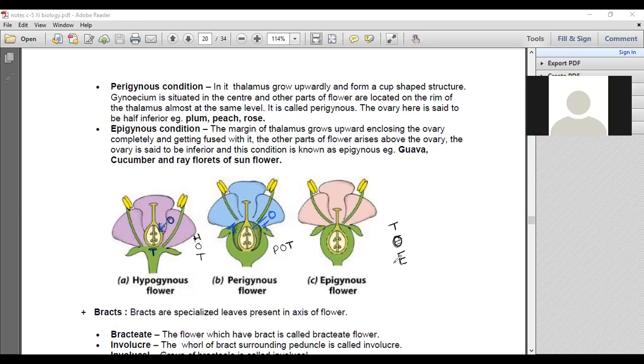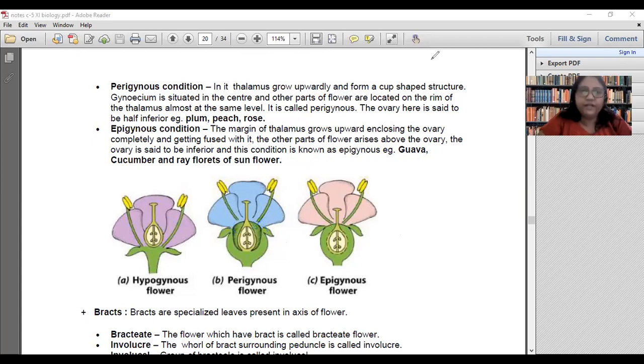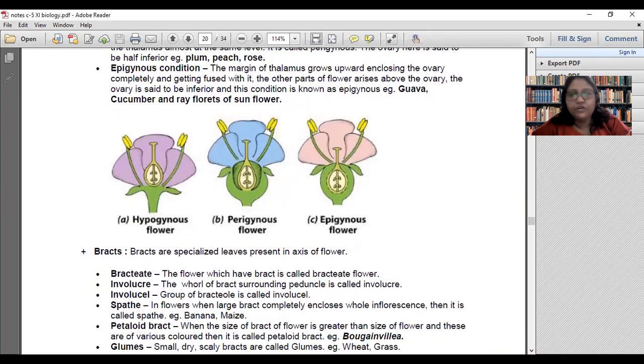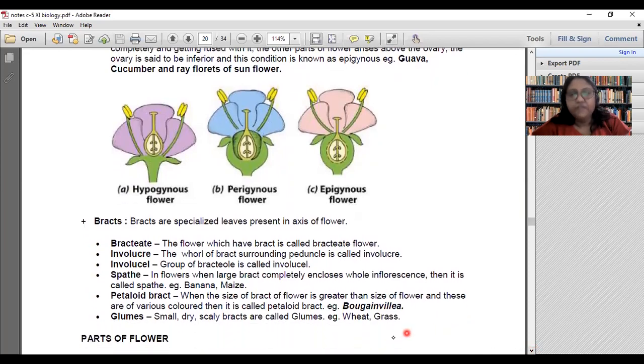Yes, ma'am. So we will move ahead. We will talk about bracts. What are bracts? If you can remember, in case of leaf, at the base of leaf, sometimes leaf-like structures were found.